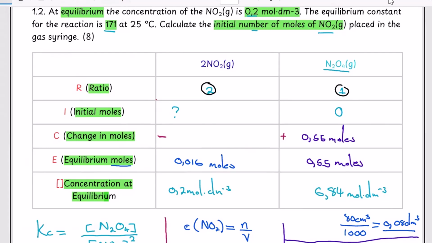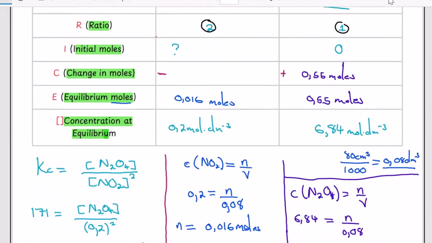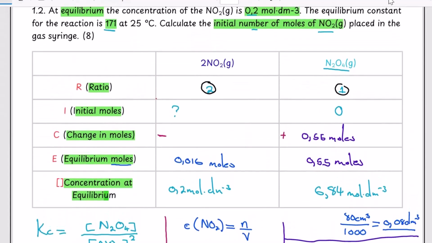Let me go down a little bit. Let me use the top part there. The mole ratio is 2 is to 1. So if we have 0,55 moles on this other end, how many moles are we going to have on this other end, which is 2 of NO2? Take note, the ratio is 2 is to 1.